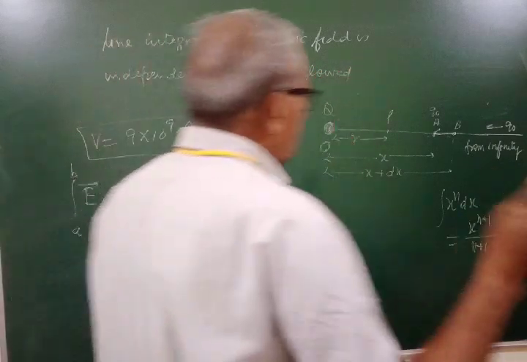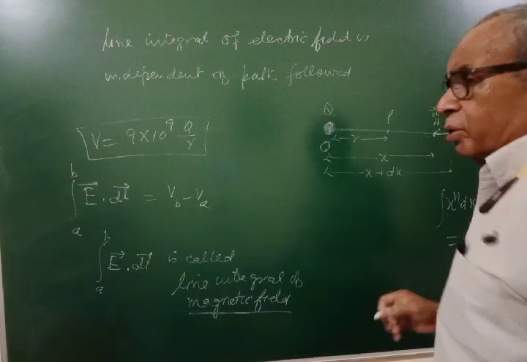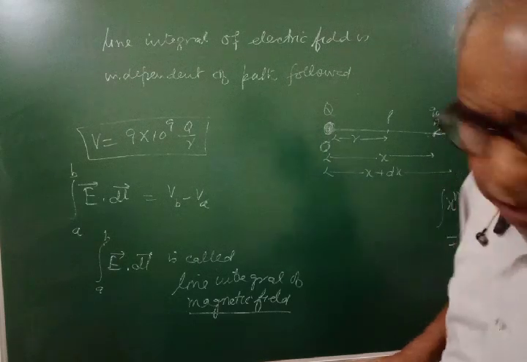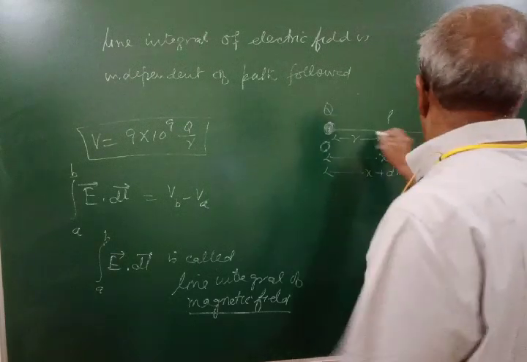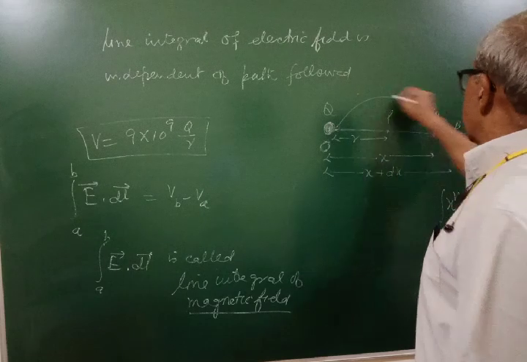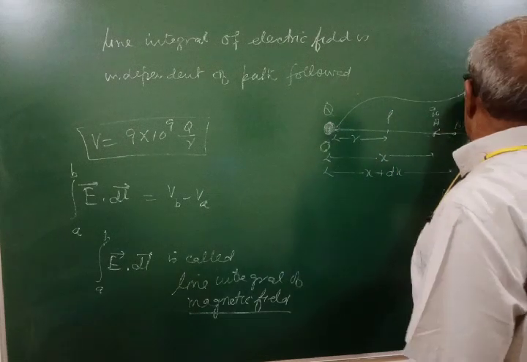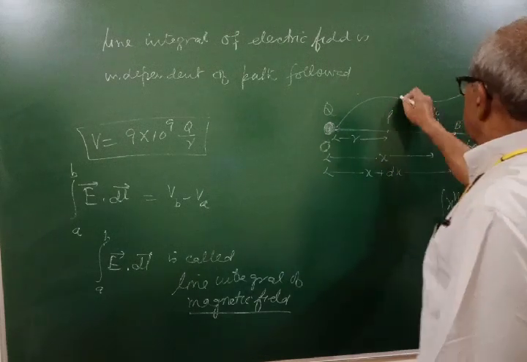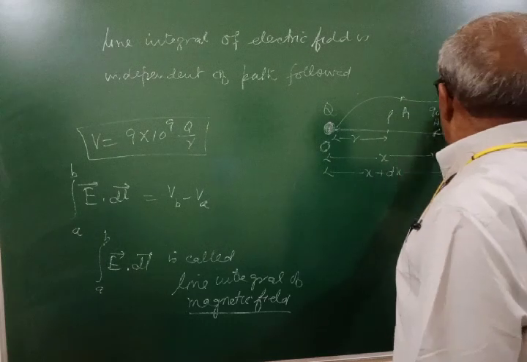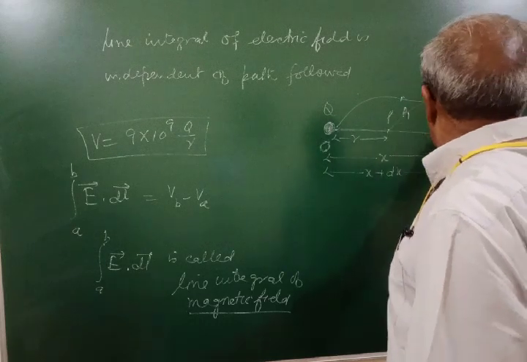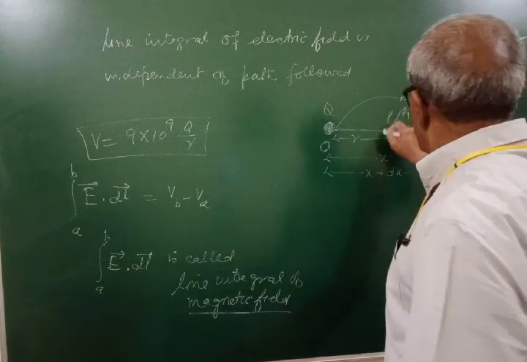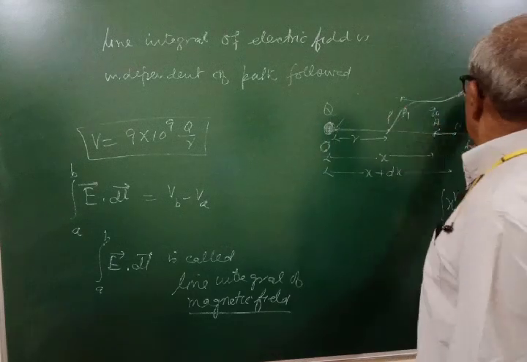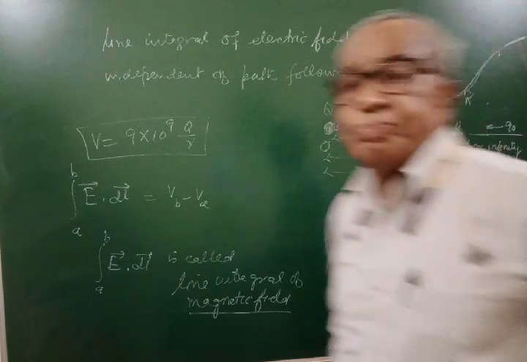We can prove it another way, but we are not interested in proving it here. When I go by a straight way, I can also take a path like this. A is here, B is here, and P is here. If I choose this path to carry the work done, the work will be the same.